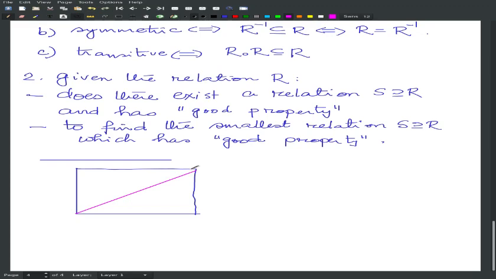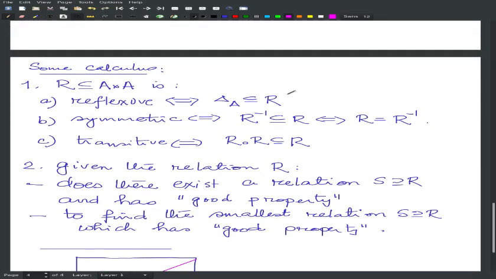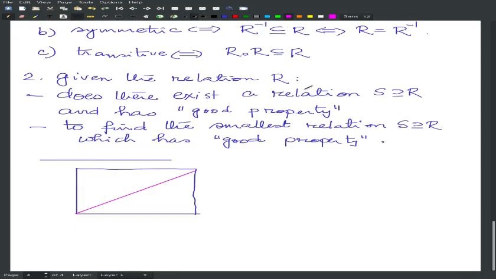So our first observation over here tells us a relation would be reflexive if it is like this, if it contains the whole of the diagonal.